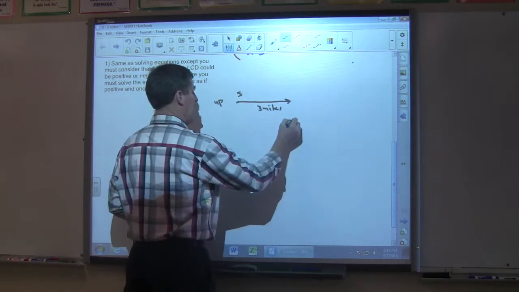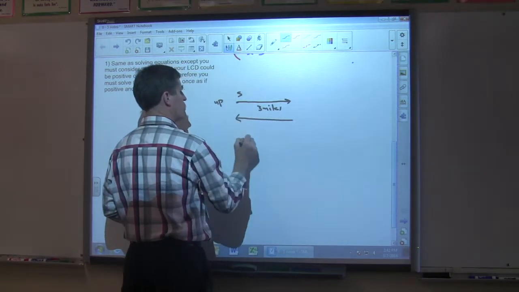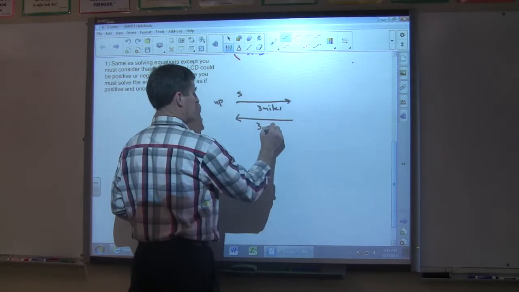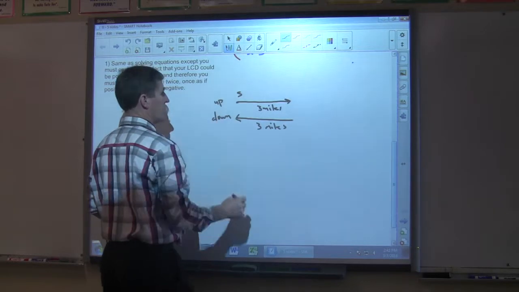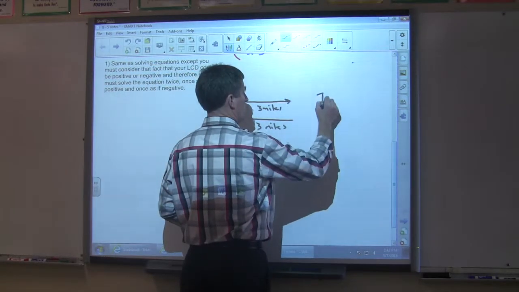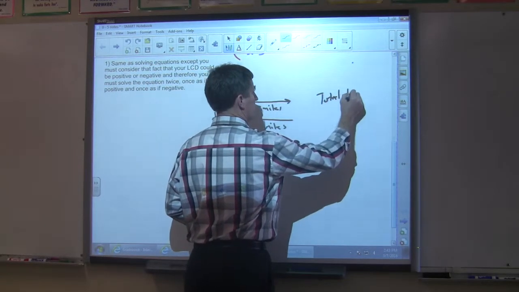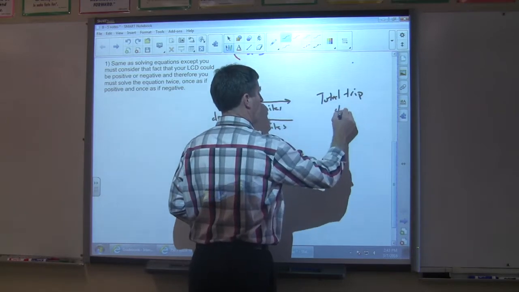And then they're going to come back downstream the same distance. And we know that the total trip takes 4 hours.